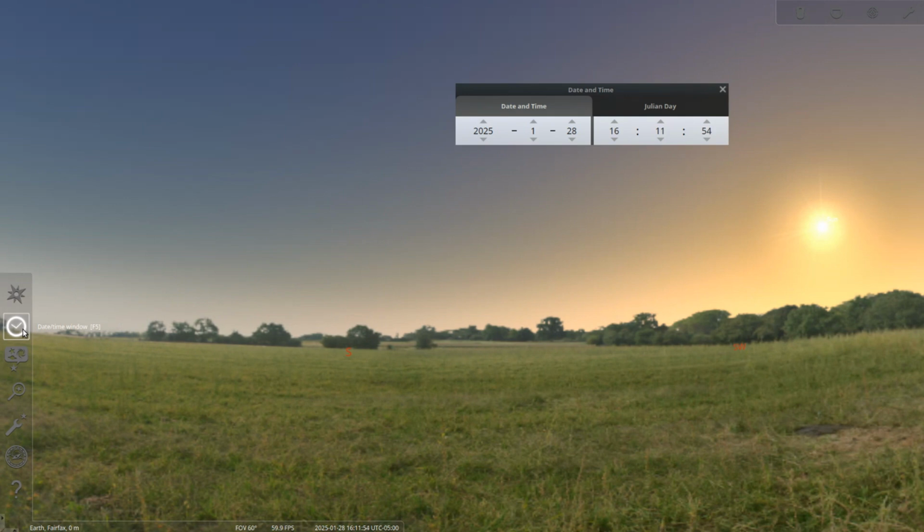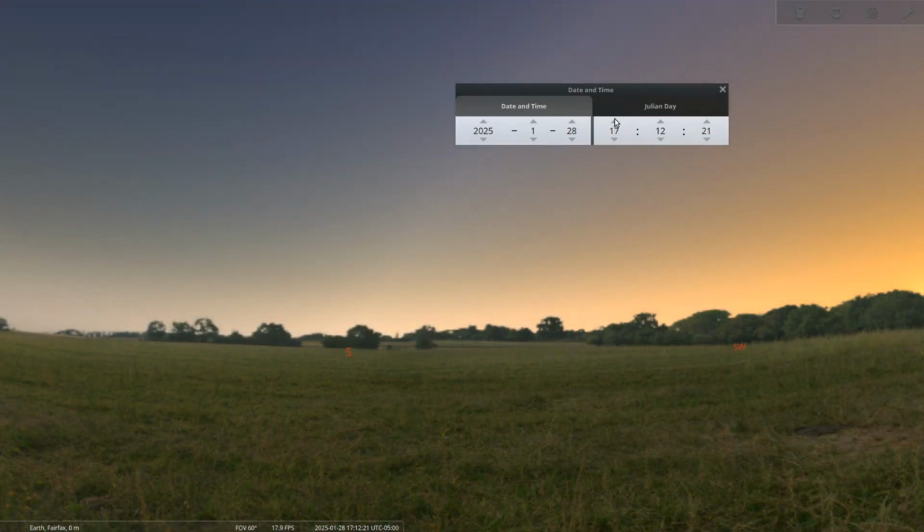Just go to where you see the clock and its time and date window, or it's also F5 on your computer. And so you can change this to really anywhere you want. So I can look at how the sun moves as time is roughly constant as a function of day, or I think it's the 28th. I can make it later.